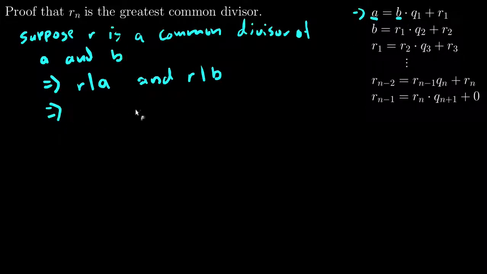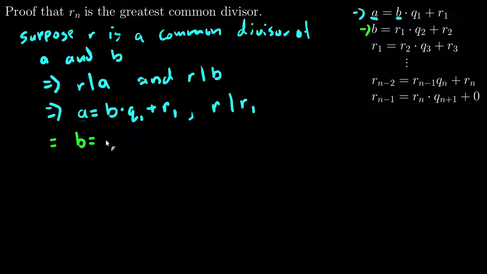Which means that, well, if a equals b times q1 plus r1, and r divides a and r divides b, then r divides r1. And then I can work my way down. Okay, so if b equals r1 q2 plus r2, and r divides b and r divides r1, then r has to also divide r2.